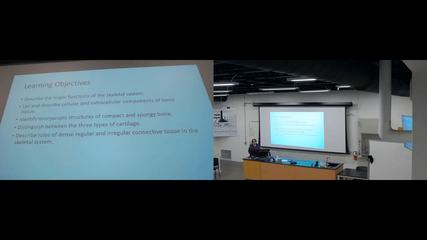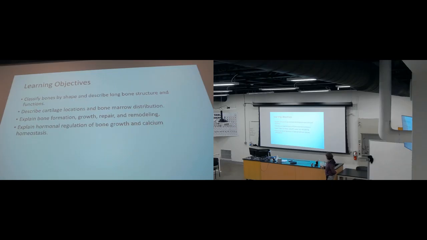Some of the learning objectives are to describe the major functions of the skeletal system, to identify the differences between compact and spongy bone, also distinguish between the three types of cartilage, and describe the role of dense regular and irregular connective tissue in the skeletal system.